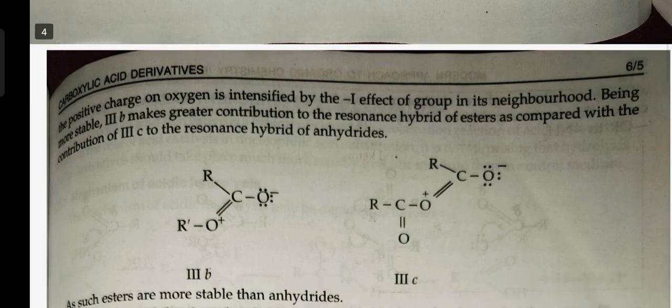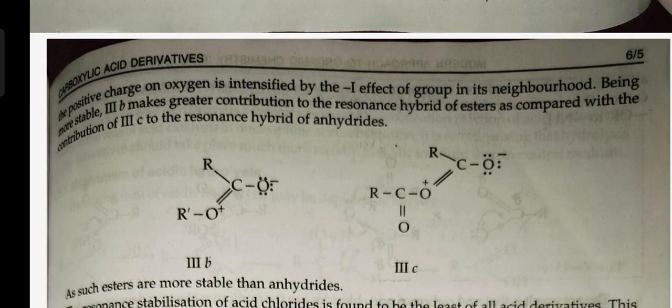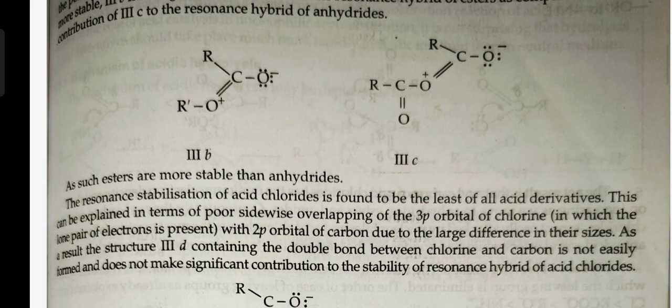Because the more stable 3B makes a greater contribution to the resonance hybrid of ester as compared with the contribution of 3C to the resonance hybrid of anhydride, esters are more stable than anhydrides.